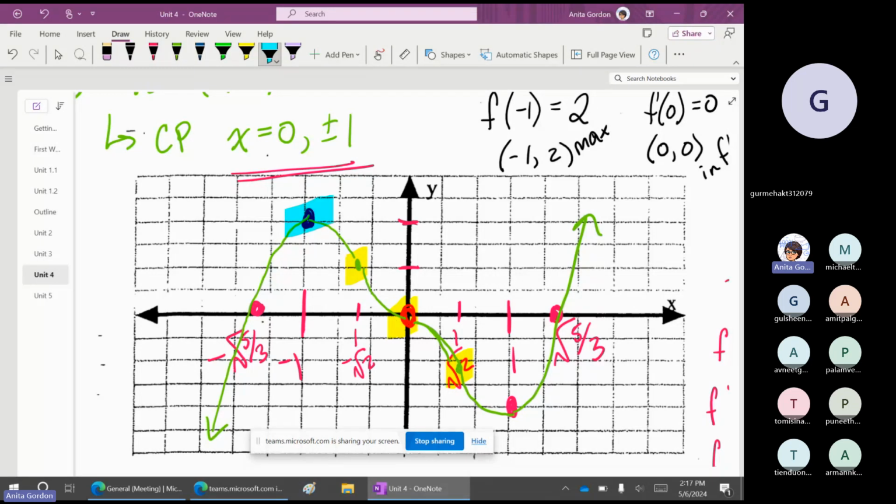Our max and mins are here and here. And then we have intervals of increasing and decreasing in between. Sorry, in my brain, for some reason, I had 5 over 3 was less than 1. That's why my picture was starting to be weird. I apologize. Thank you for catching that. So our x-intercepts are the far corners and the middle. And we have points of inflection in between where it kind of switches direction.